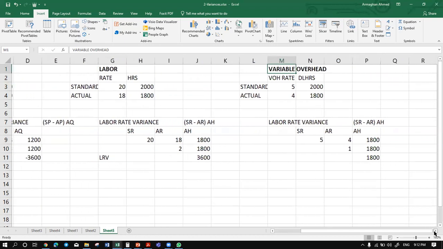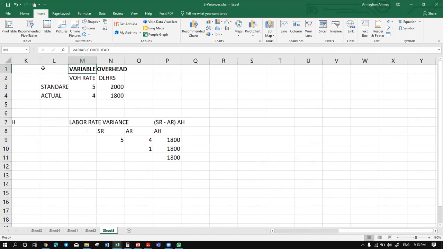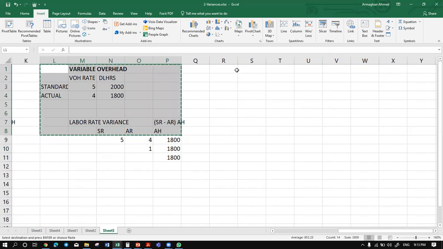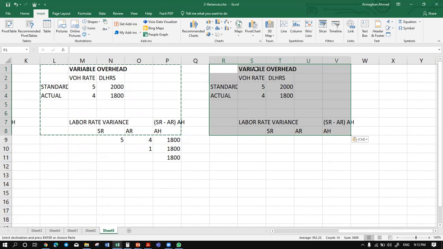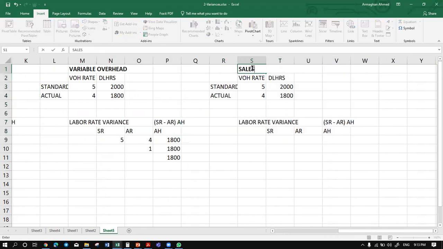Now let's see another one: the sales price variance. Here of course I should use the sales price, and here I'll use the quantity sold, basically the same quantity.